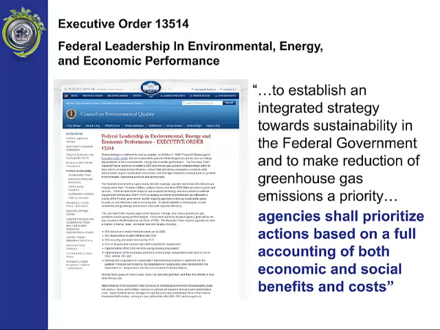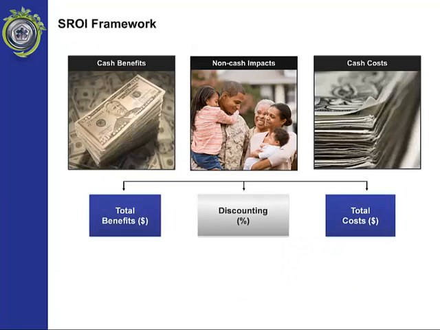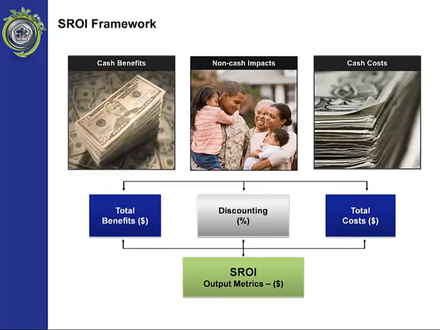In addition, agencies' efforts and outcomes in implementing this accounting process are required to be transparent. SROI provides a full accounting of both economic and social benefits and costs, which makes it a preferred methodology to address SSPP priorities on projects using a triple bottom line approach.